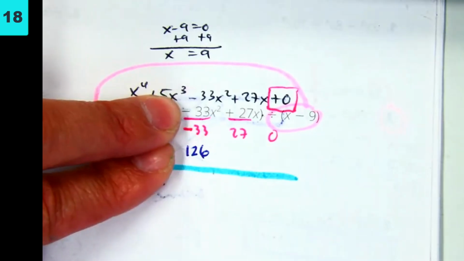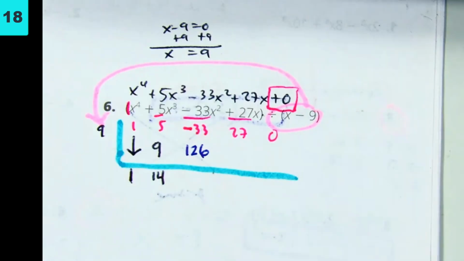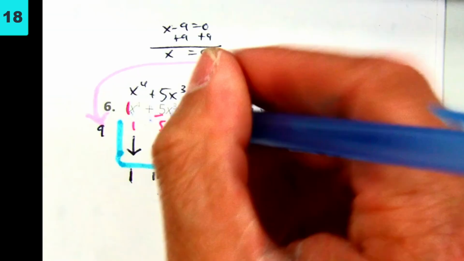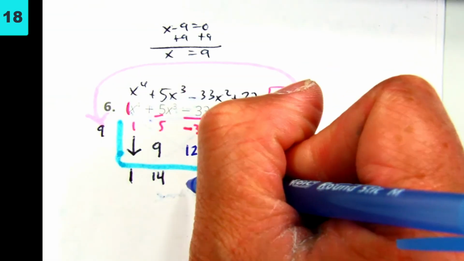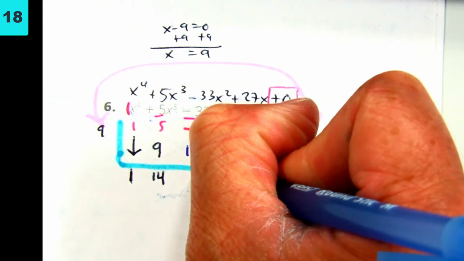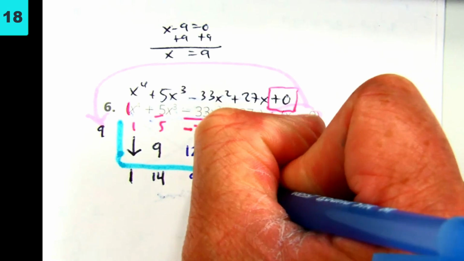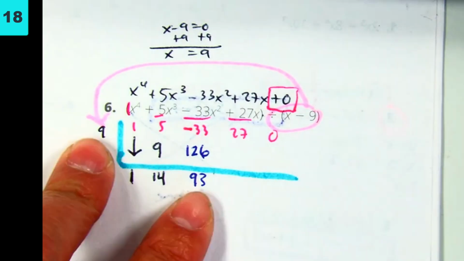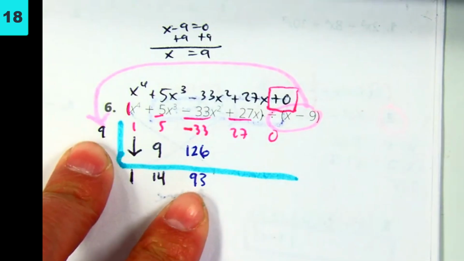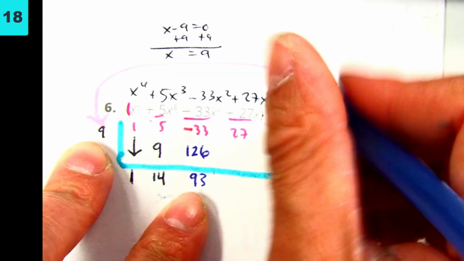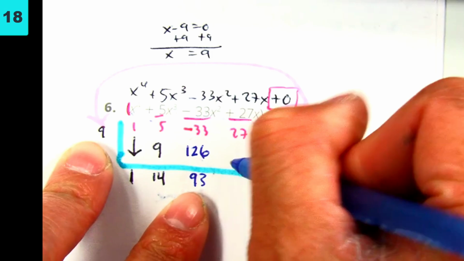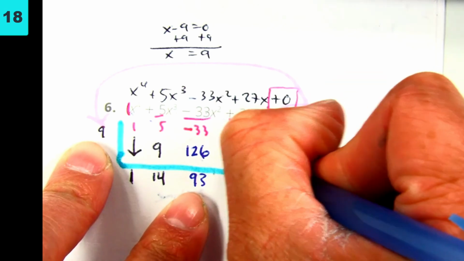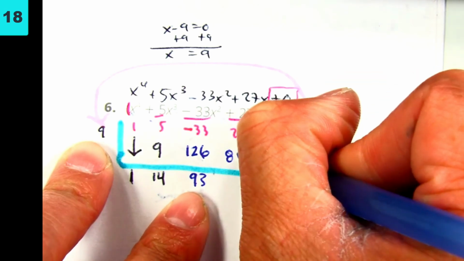We're going to add those. Class, what do you get when you add? Positive or negative? And then we multiply those together. You're going to get some really big number. What do you get, class? 800 and what? 37.